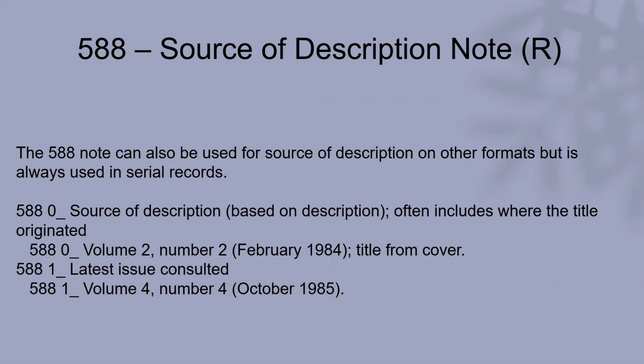It's perfectly acceptable, if not encouraged, to add a note of where the title came from in a 588 first indicator 0 note, following the terms of the source of description using a semicolon and stating the source. For example, volume 2, number 2, February 1984; title from cover. And in title from cover, the t should be a small t.